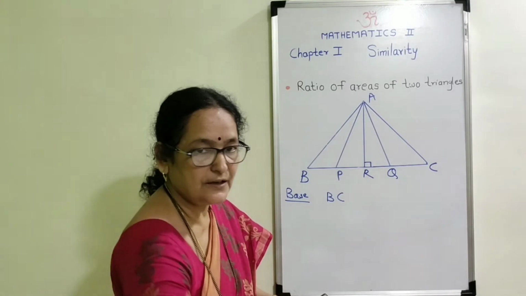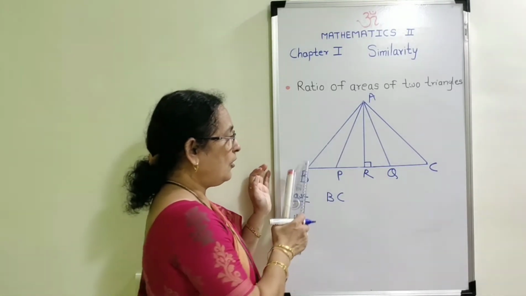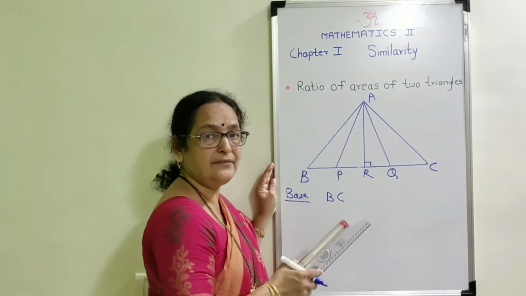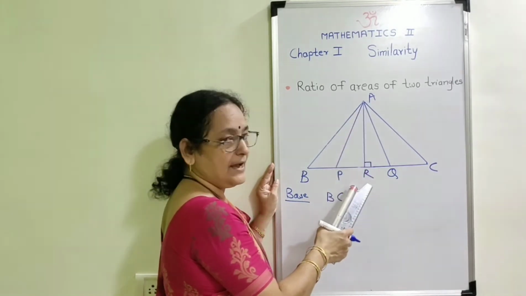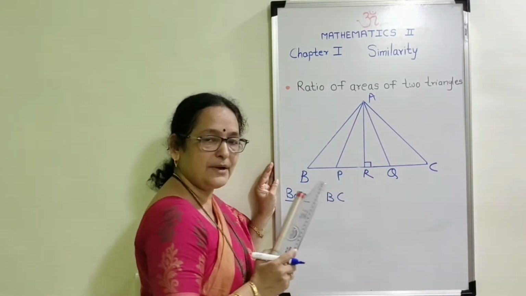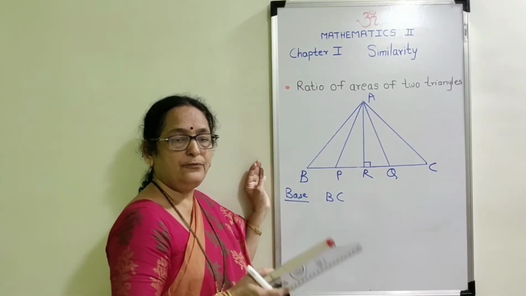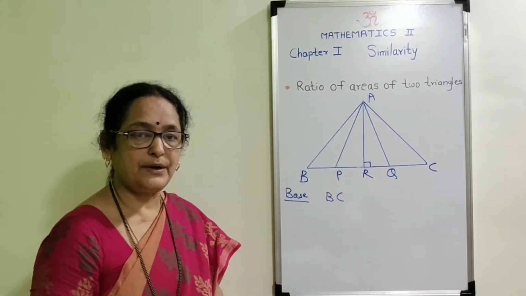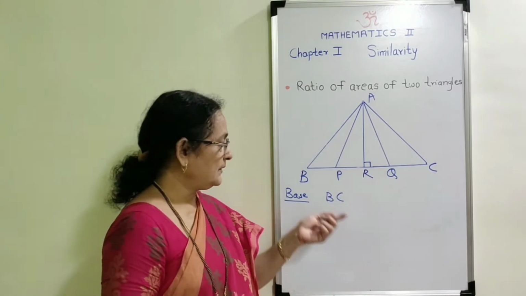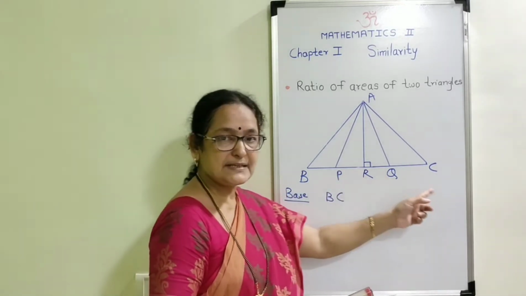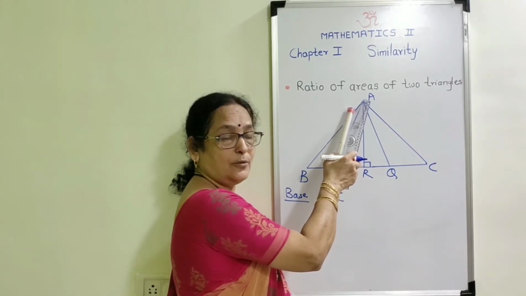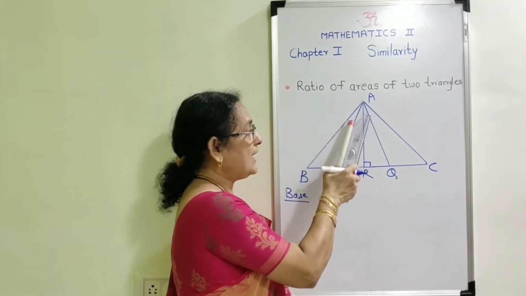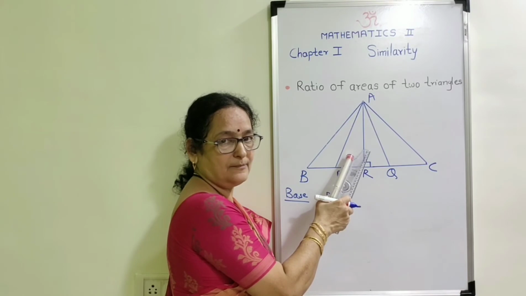Now, in this figure, I can say that all 4 triangles are having equal height and that height is AR. Now, please remember this important property. We are using the same property in the next theorem. That is, when the bases are collinear and the triangles are having one common vertex, their heights are always equal.